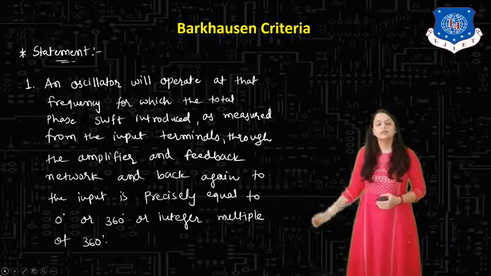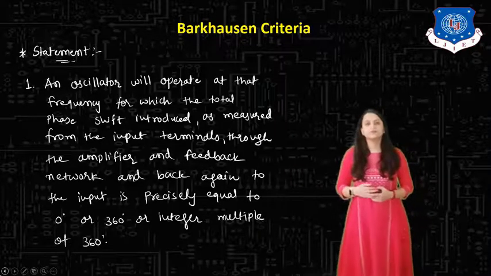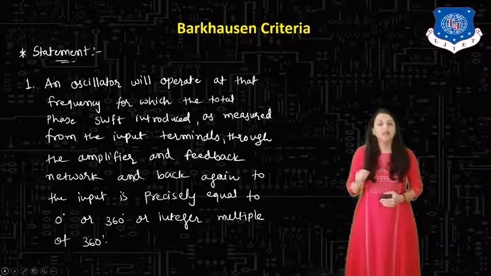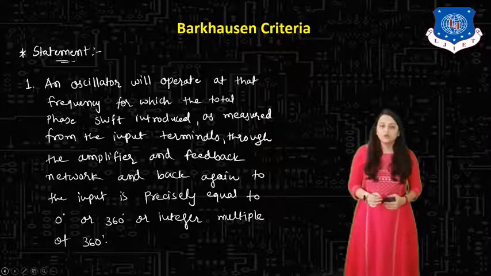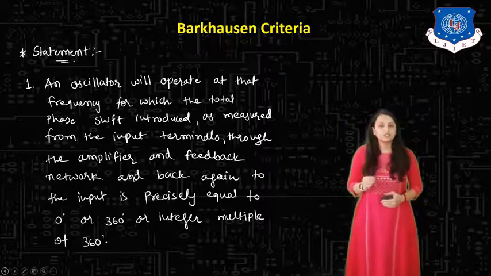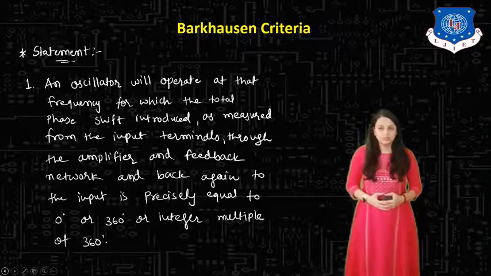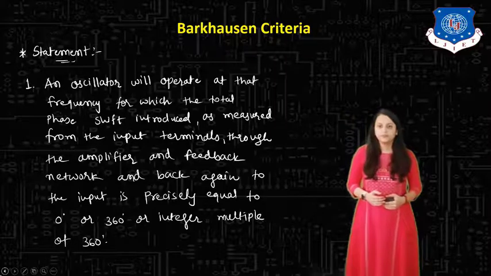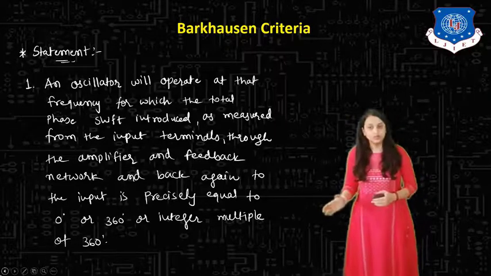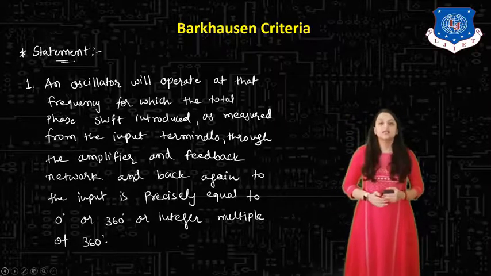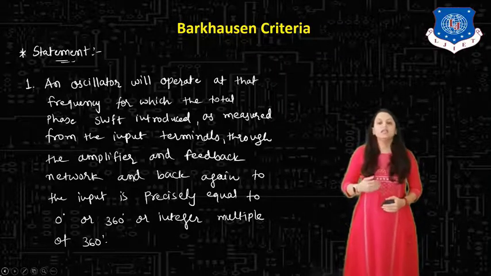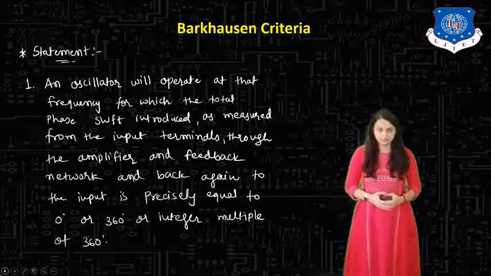This first statement says that an oscillator will operate at that frequency for which the total phase shift introduced, as measured from the input terminals through the amplifier and feedback network and back again to the input, is precisely equal to 0 degree or 360 degree or an integer multiple of 360 degree.